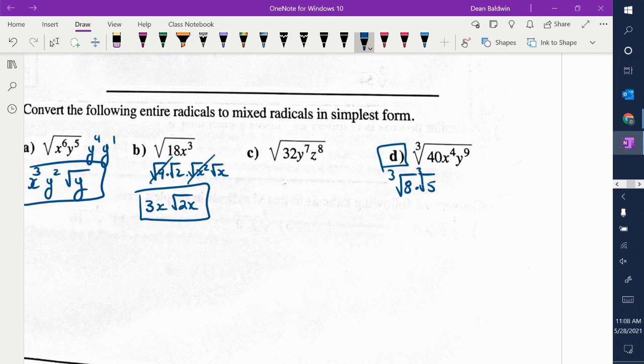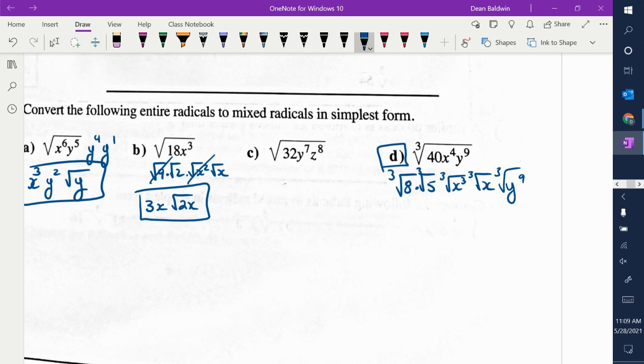Is x to the 4, how am I going to rewrite that? 3 and 1. Okay, what about the y? Do I need to rewrite the y? No, I'll write it out just because I've been writing everything out.